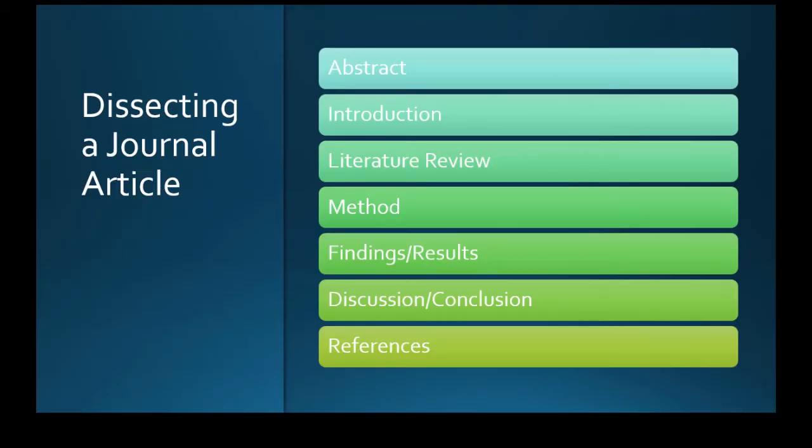So this is essentially what that structure involves. An article will almost always start with an abstract, move to an introduction, followed by a literature review, method, findings and results, discussion and conclusion, and references. So we would see a section or multiple sections devoted to each of these things within a paper.